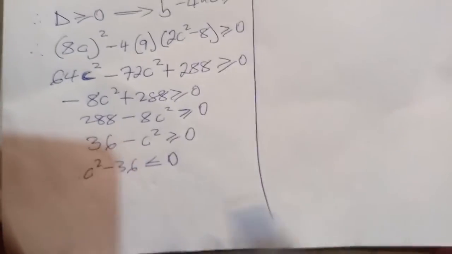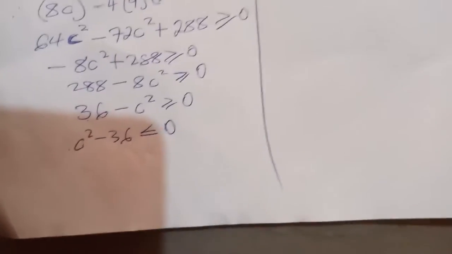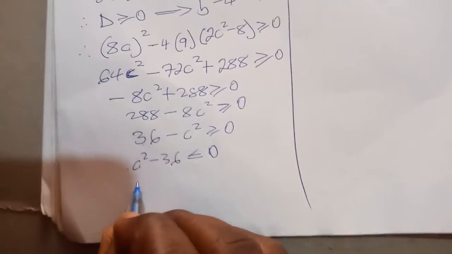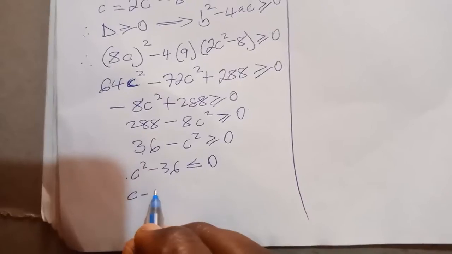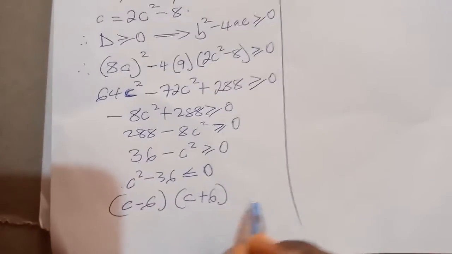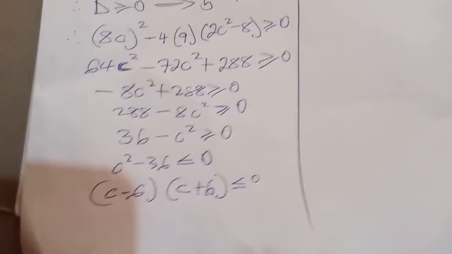But the effect of multiplying both sides by a negative number is that it reverses the inequality. Remember that? Now I can write this as c minus 6 bracket c plus 6, having factorized it. So it's still less than or equal to 0.